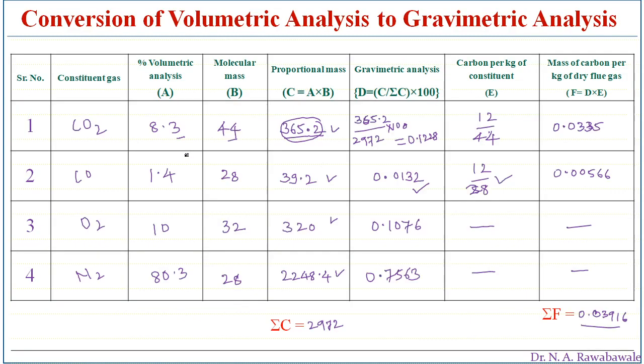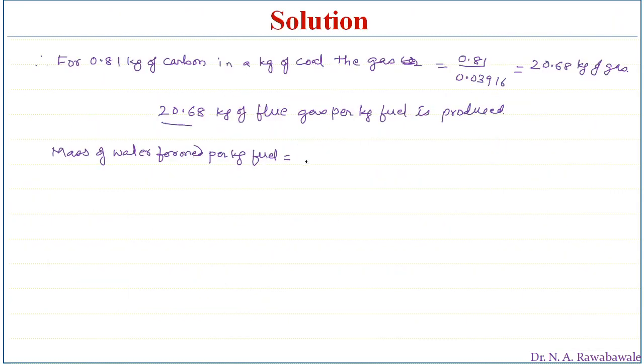So if we burn 1 kg of fuel, the mass of hydrogen is 0.045, multiplied by 9 according to the equation. 1 kg of hydrogen requires 8 kg of oxygen and produces 9 kg of water, so it is multiplied by 9.